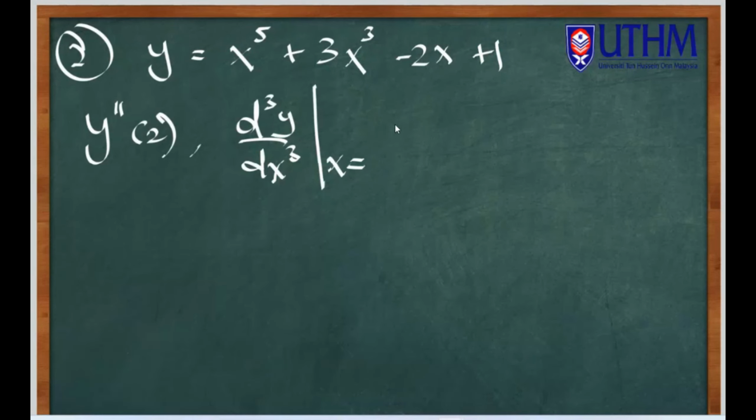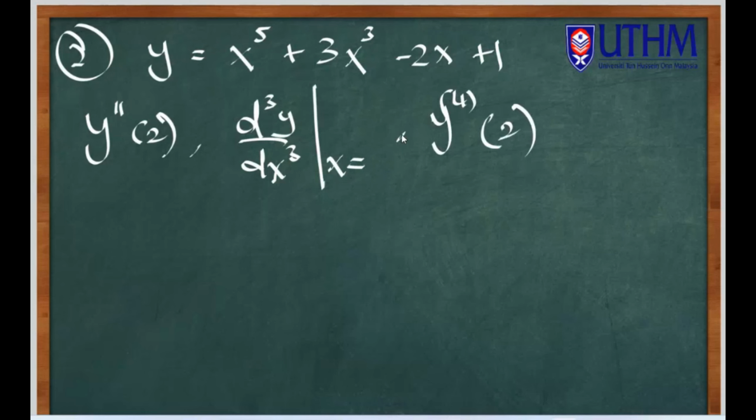Let's see the second example. Given a function y equal to x to the power of 5 plus 3x cubed minus 2x plus 1, the question asks us to find y in bracket 4, 2.